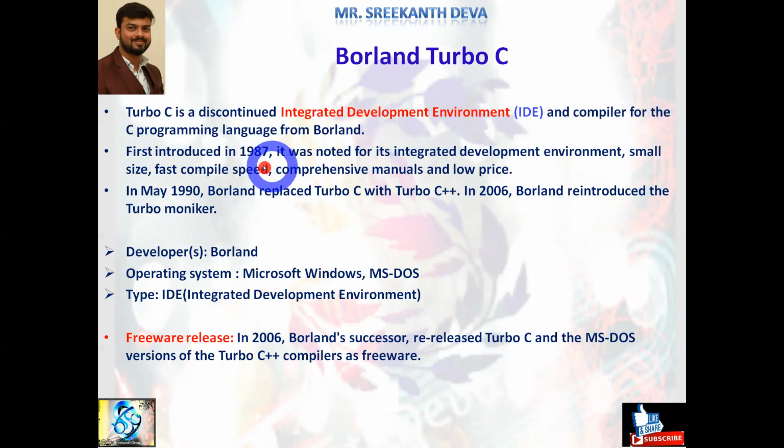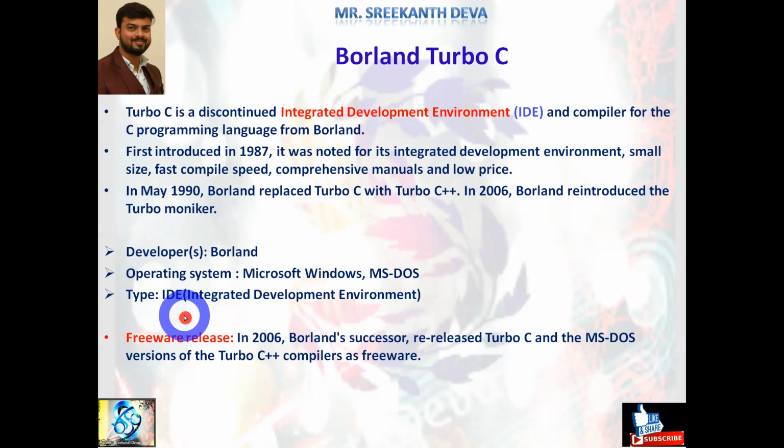First introduced in 1987, it was noted for its integrated development environment, small size, fast compile speed, comprehensive manuals, and low price. In May 1990, Borland replaced Turbo C with Turbo C++. In 2006, Borland reintroduced the Turbo moniker. The developer is Borland. Operating system is Microsoft Windows, MS-DOS.